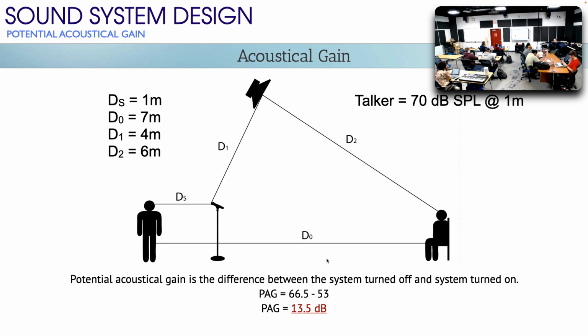prior to feedback? Yeah, so there's a couple of things we need to think about, because 13.5 is when it feeds back. So we're actually never going to technically achieve that, because that is when it starts feeding back. So we want to be below that point. My rule of thumb is I want to be 6 dB below the point at which it feeds back, for sure.